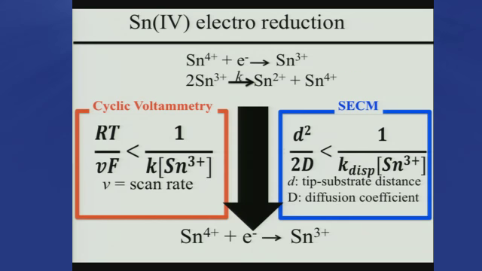And so now I'm not comparing to 1 over K. I'm comparing to 1. This is a second-order rate constant. Moles to the -1, seconds to the -1. So I have to multiply by molar here in both cases. And this is the key issue in SECM. To get the electrodes close enough, make d small enough that this is smaller than 1 over K concentration.